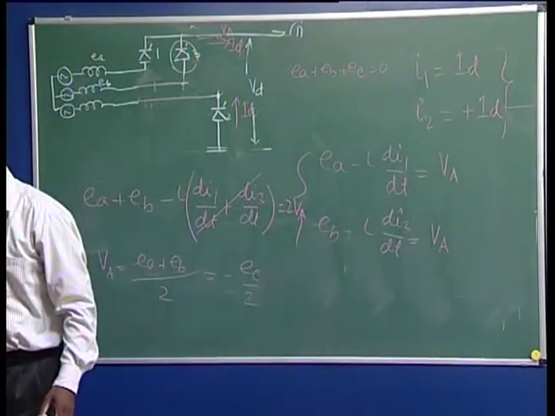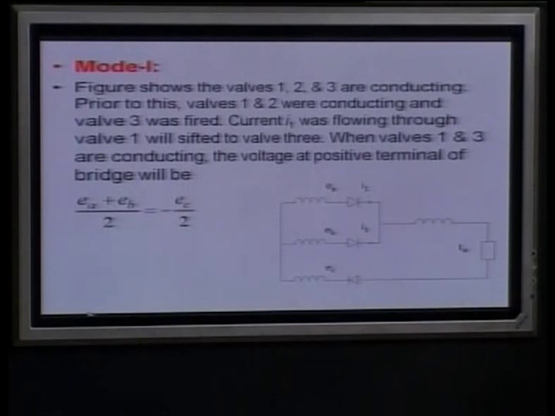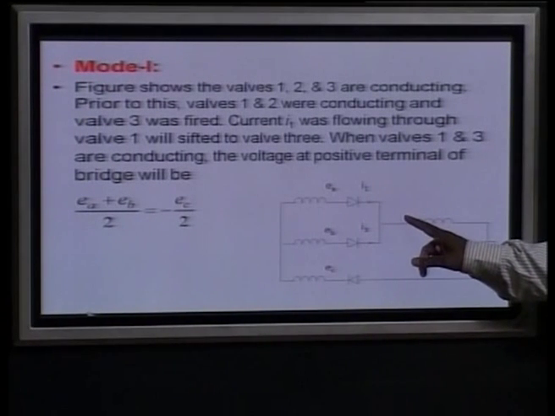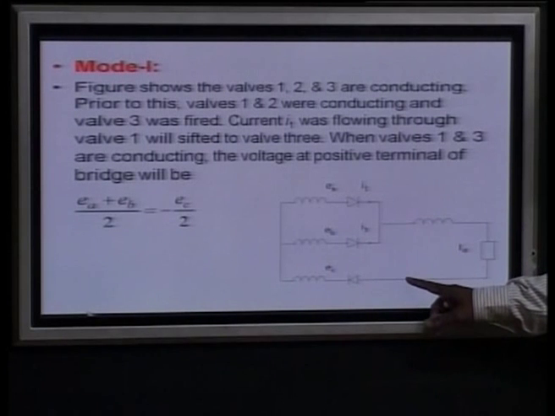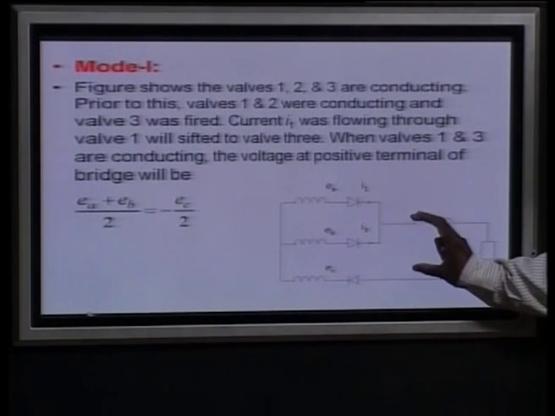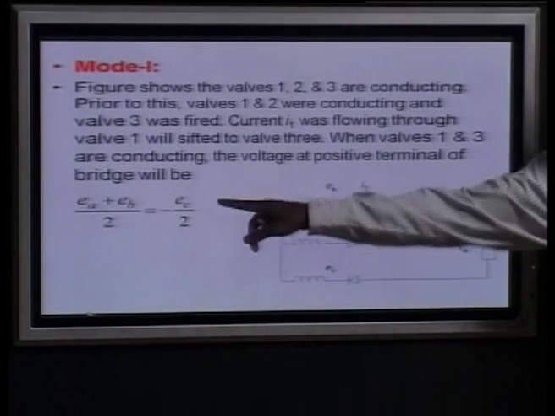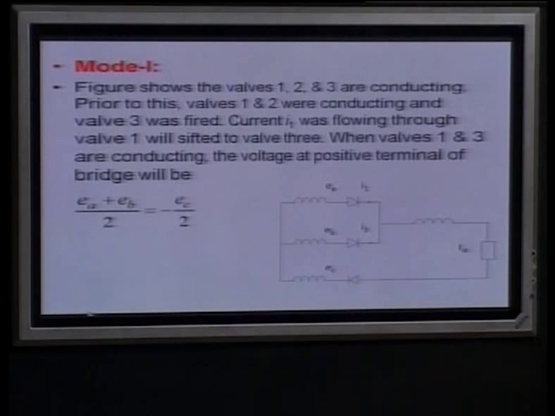So this voltage is known to you, and then here it is conducting. This voltage is minus E C by 2, this voltage is E C. So the voltage during this 2-3 valve conduction is minus 3 by 2 E C. So we have to write these various voltage equations, and now let us see here.